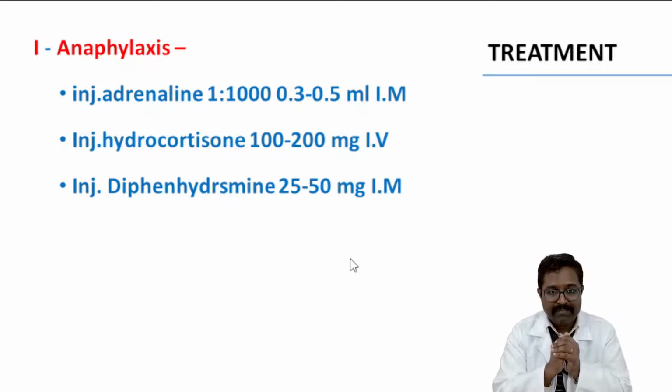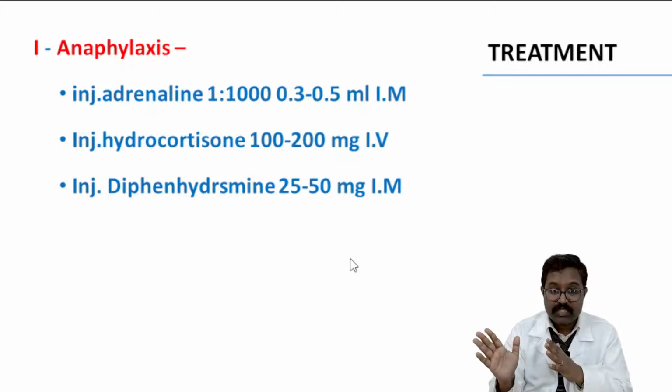Why not through IV? You can give it through IV, but the drawback is you need to dilute the adrenaline, to a dilution of 1:10,000. If the patient is not able to be administered the drug through the intramuscular route, you can go with the IV route. The only condition is you need to increase the dilution to 1:10,000. Why?